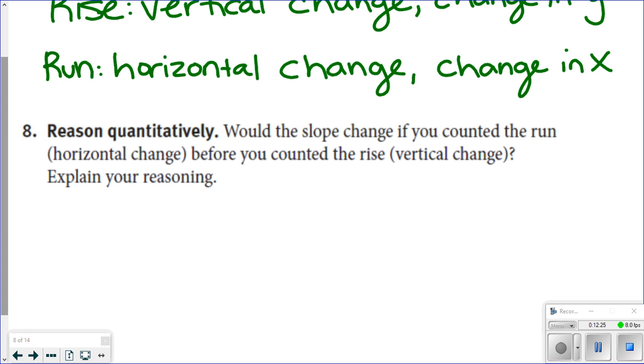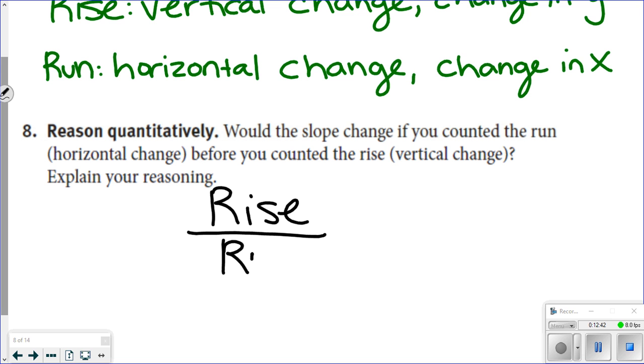But what's really important is that you must put the rise in the numerator. It's always rise divided by run.